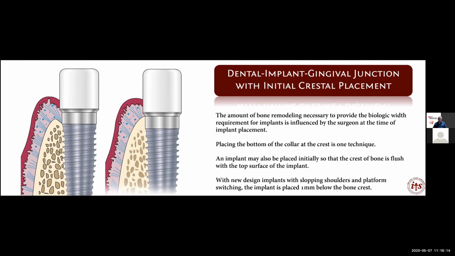However, with the design of the Biotech implant with its sloping shoulders at the coronal region, we have success. This, combined with platform switching, means that we can place that implant about 1 millimeter below the bone crest without bone resorption.